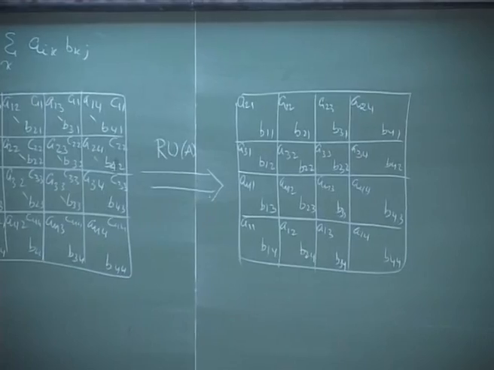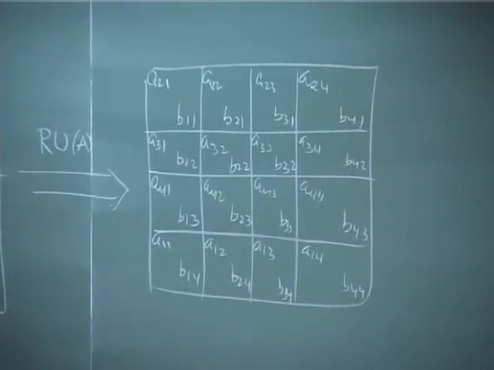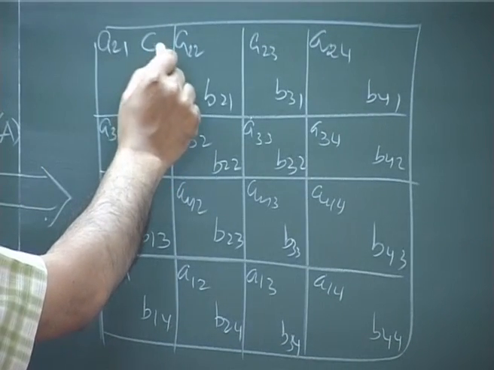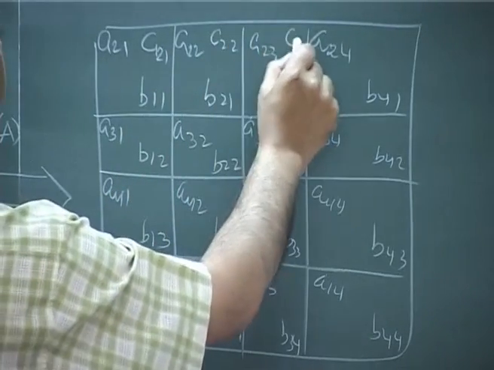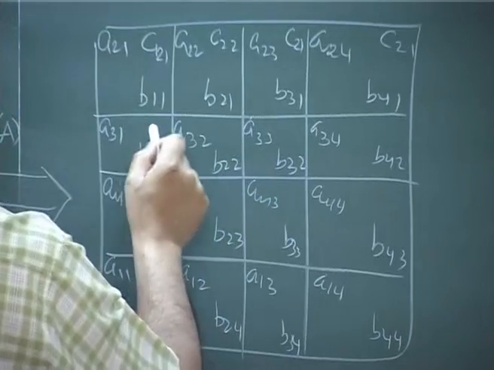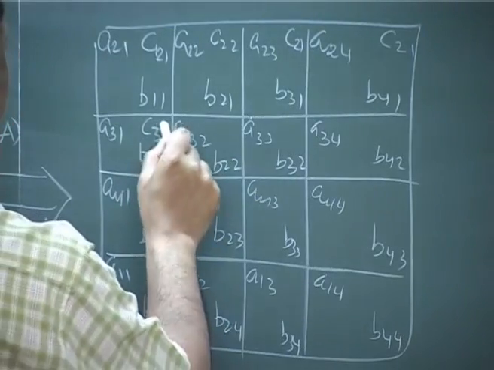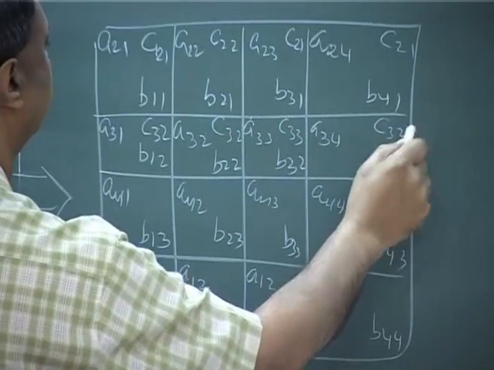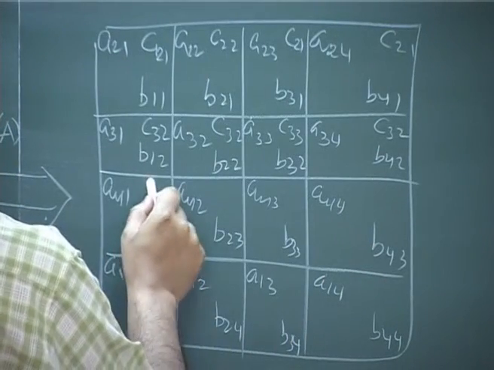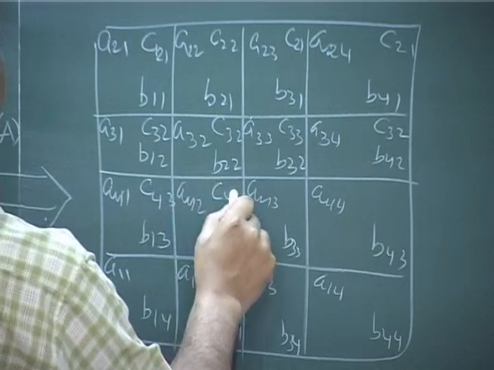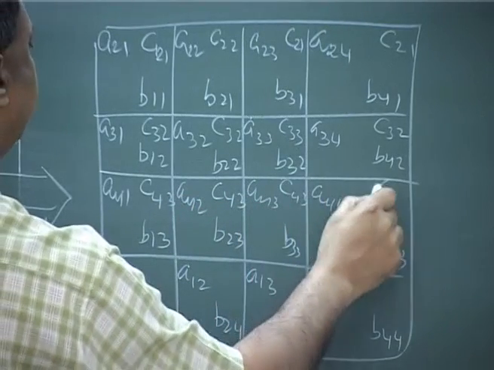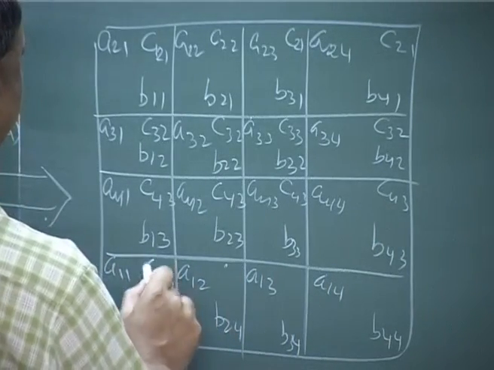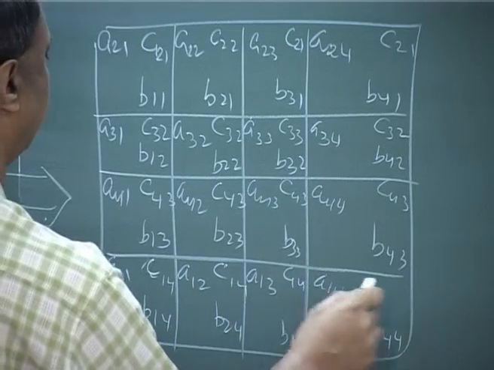Now again you observe that you get the situation of multipliability, and you get C21, C32, C43, and C14 products.